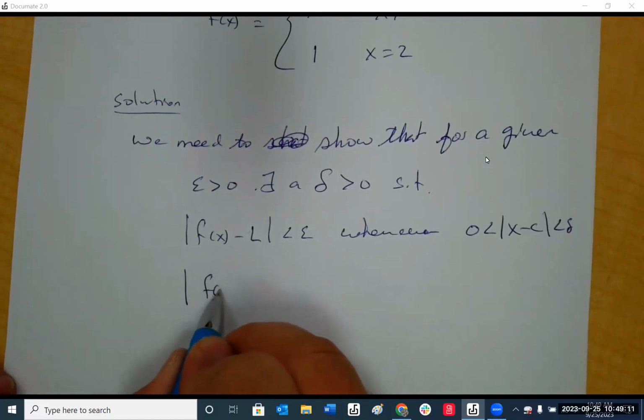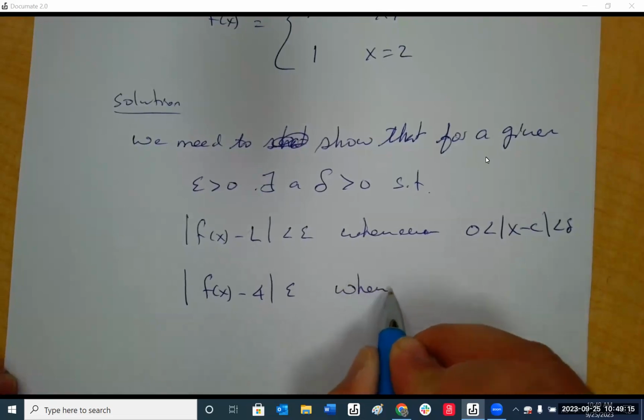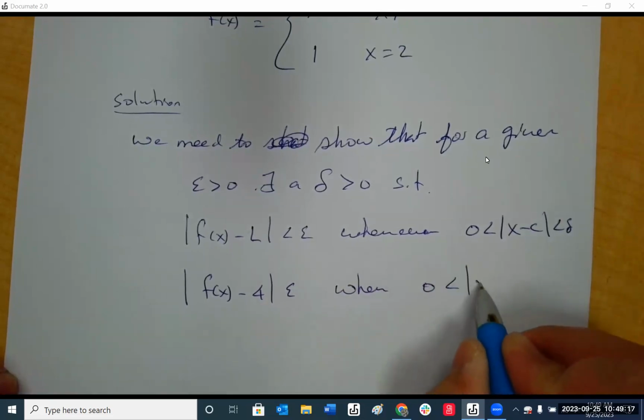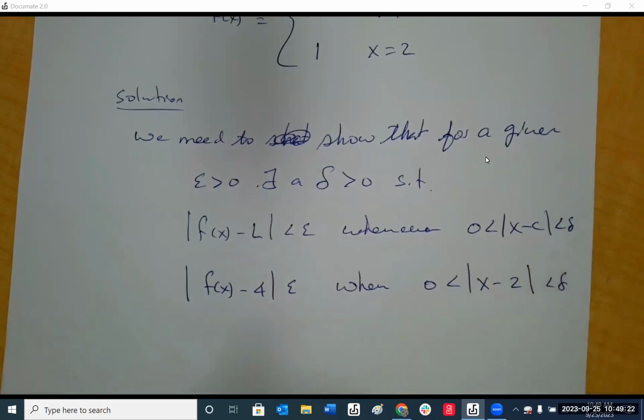So we have |f(x) - 4| < epsilon when 0 < |x - 2| < delta. All right, so that's what we have to show.